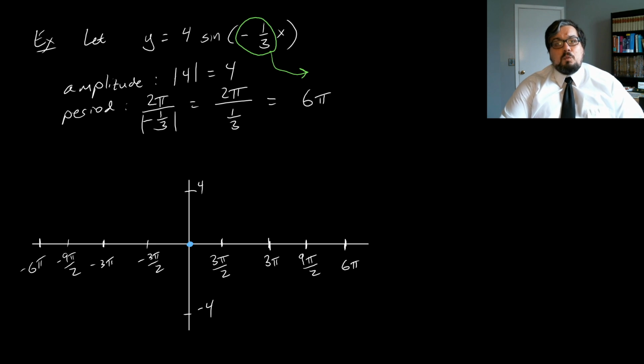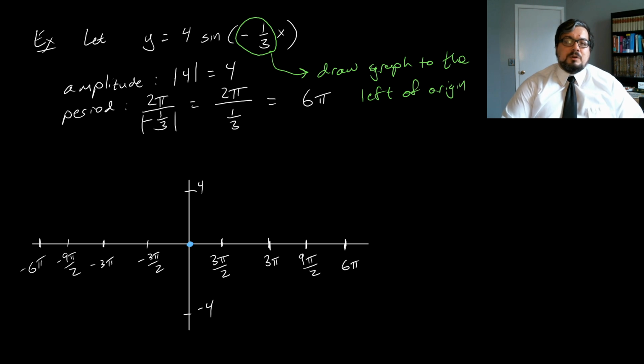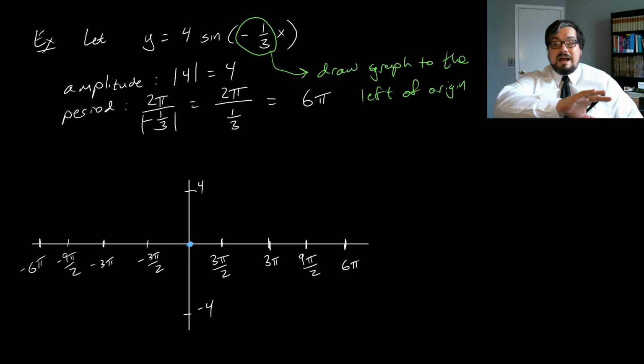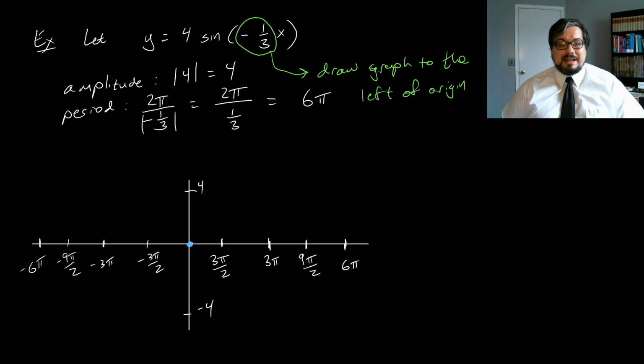One way that we can handle it is we can draw the graph to the left of the origin. In other words, we're going to flip the whole graph around the y-axis, which is what multiplying by a negative inside the function does.